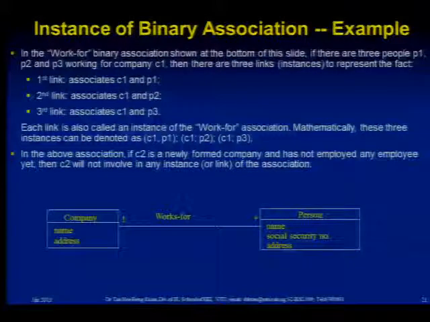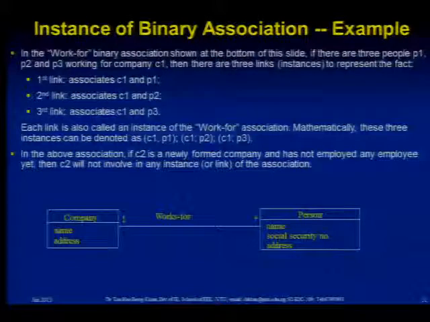This is the association to specify person works for company. Assuming that we have this scenario for the classes we have just defined: three people, P1, P2, P3, all working for C1.